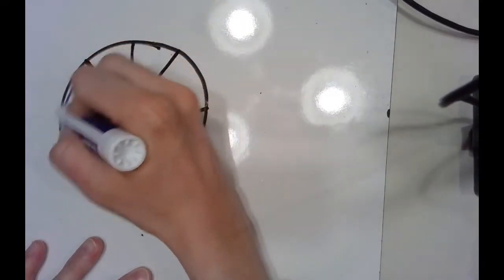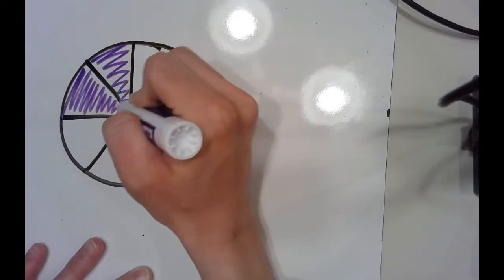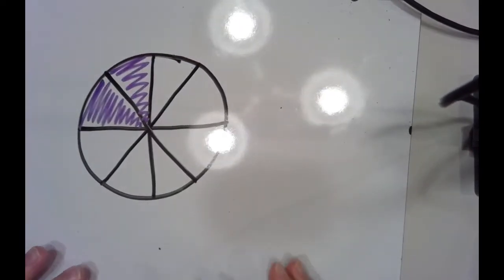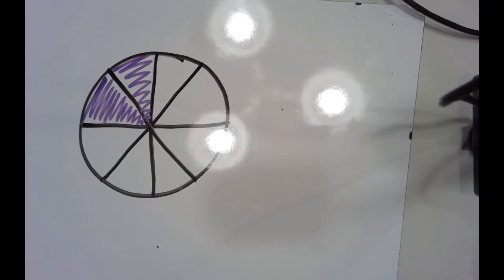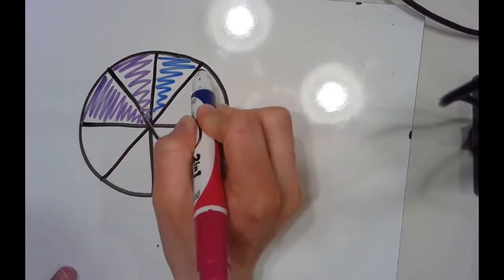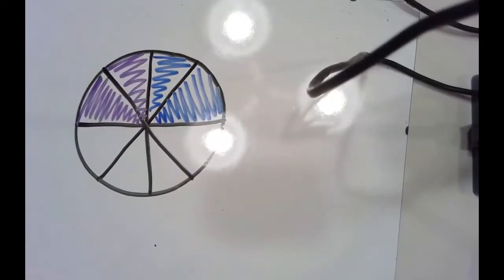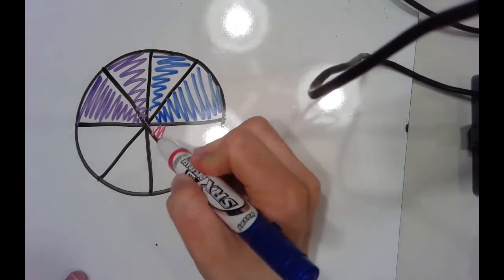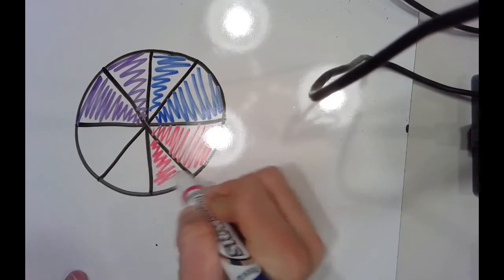So I ate 2 pieces of pizza. So this is going to represent the 2 pieces of pizza that I ate. Okay. And my friend Jackie ate 2 pieces of pizza as well. So these are the 2 pieces that she ate. Okay. And then our friend Kelly ate 3 pieces of pizza. So these are the 3 pieces that Kelly ate.